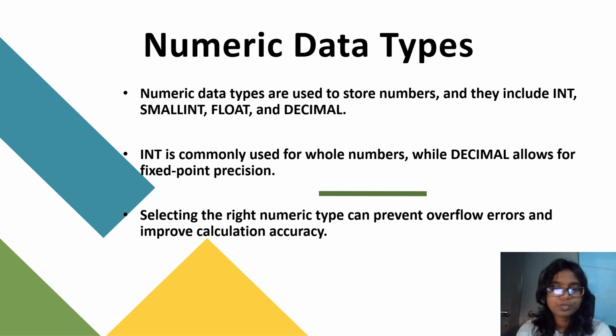Int is commonly used for whole numbers, while decimal allows for fixed-point precision, like 3.145 is a decimal value, and whole numbers are like 1, 2, 3, 4, 5, 6, etc. Selecting the right numeric type can prevent overflow errors and improve calculation accuracy. By selecting a correct numeric data type, there will be accurate calculation and no overflow errors.